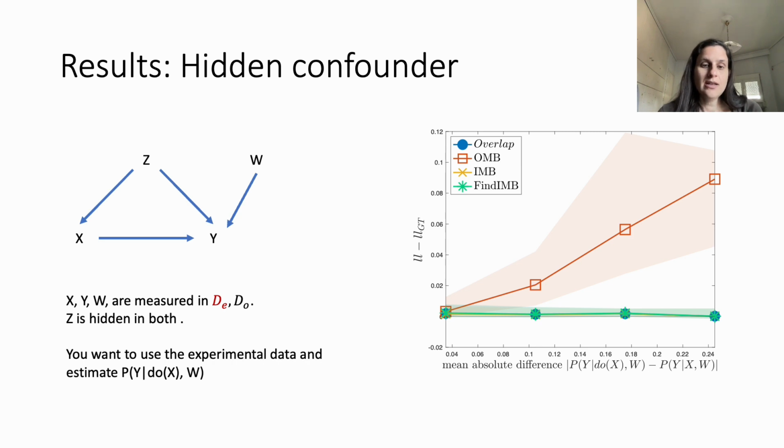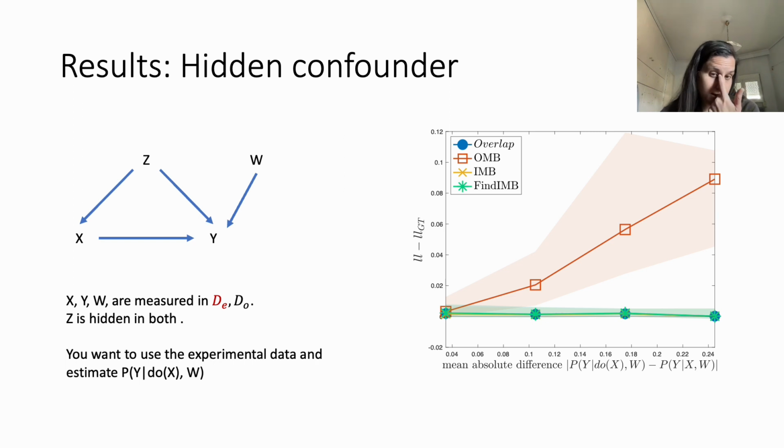And we can see in the graph, our method is called overlap, and we compare it against OMB, which is using the Markov boundary and the observational data alone, IMB, which is using the Markov boundary and the interventional data alone, the experimental data alone, and then find IMB uses all data to find the causal graph, and then identifies the Markov boundary of Y in the causal graph.